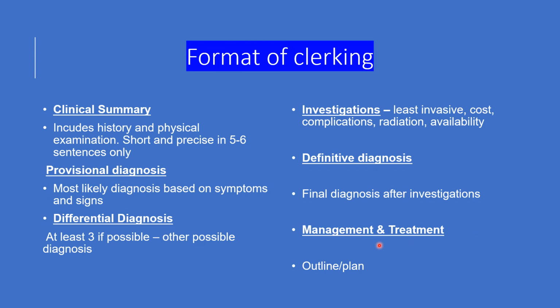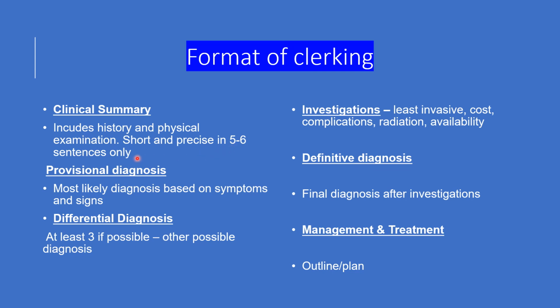After obtaining the physical examination, the next one is the clinical summary. You want to get a clinical summary, including history and physical examination. The summary should be short and precise, in 5 to 6 sentences only. Okay.